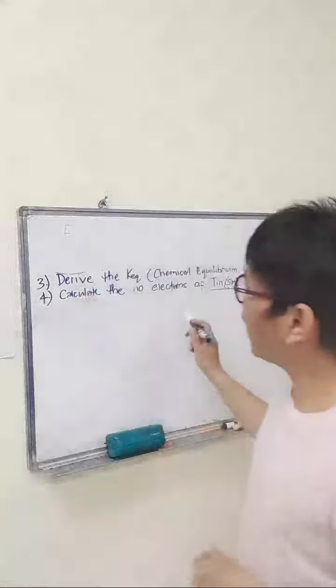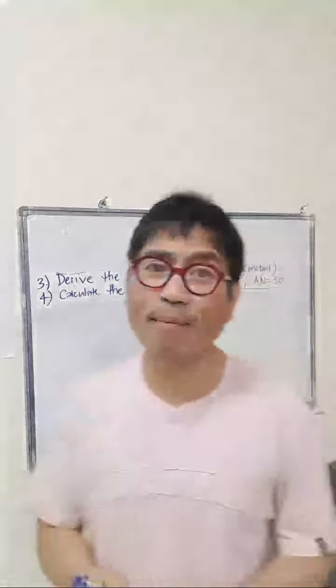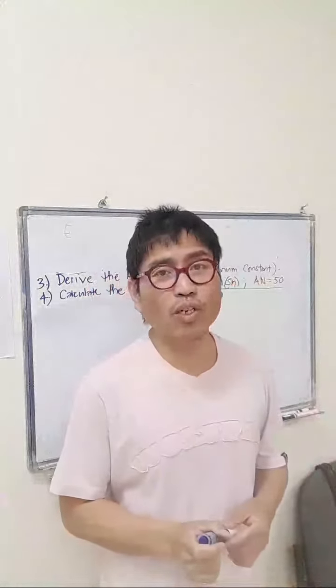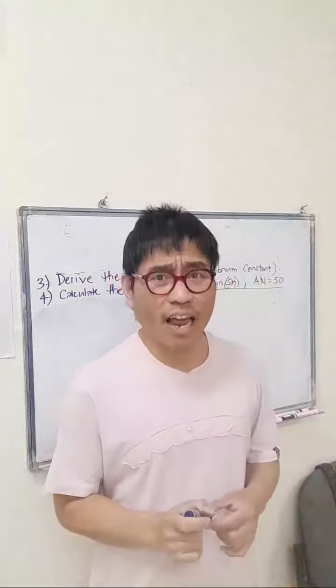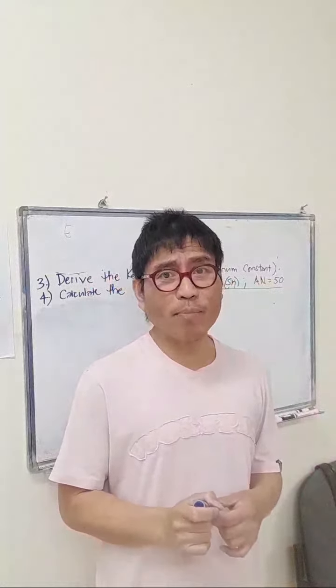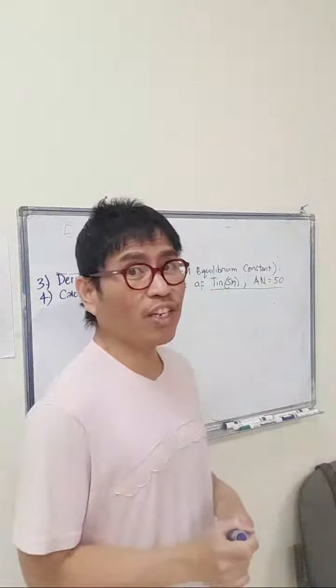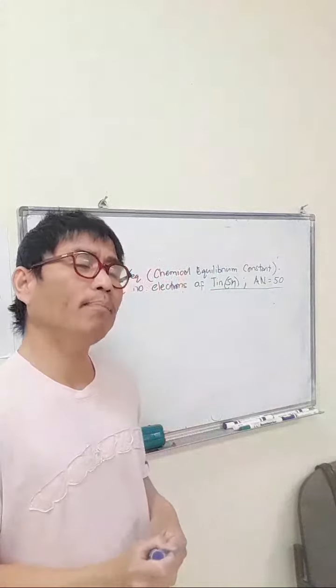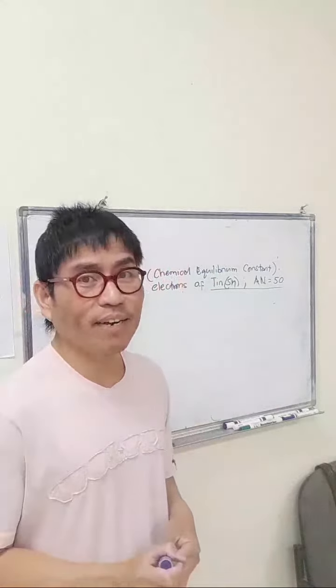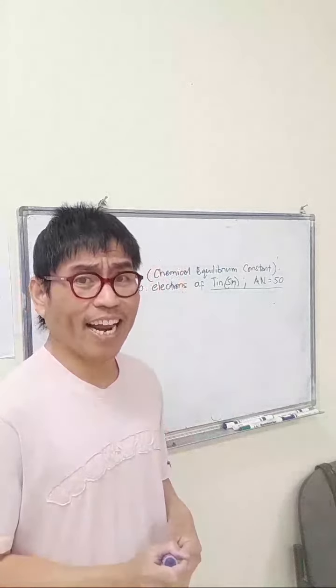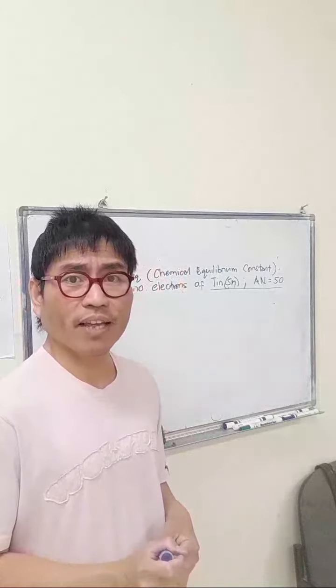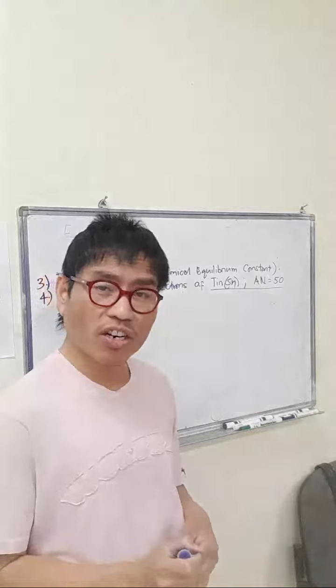And through that, he determined the mass of an electron to be 9.109 times 10 raised to the power negative 31 kilogram, and it possesses a negative charge of negative 1.